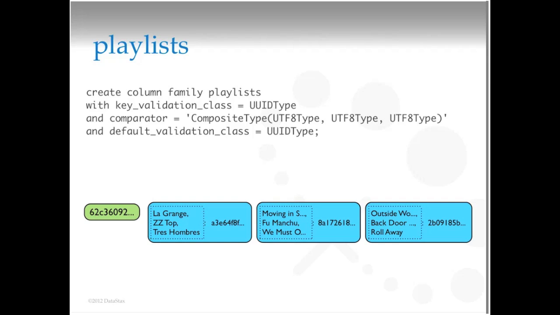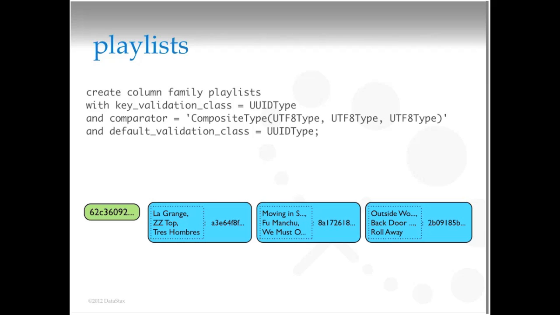So that's what we've got here, where the comparator is a composite type of 3 UTF-8 components. And so one of those components is the title, one is the artist, and one is the album.